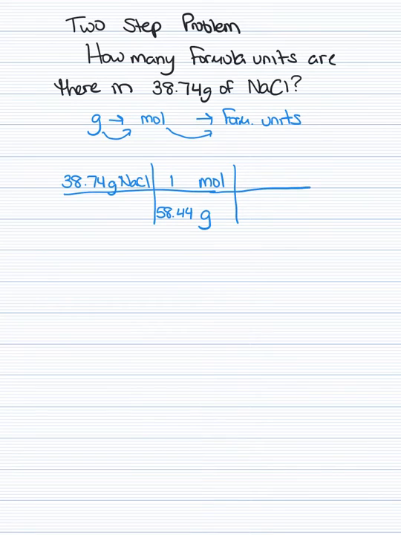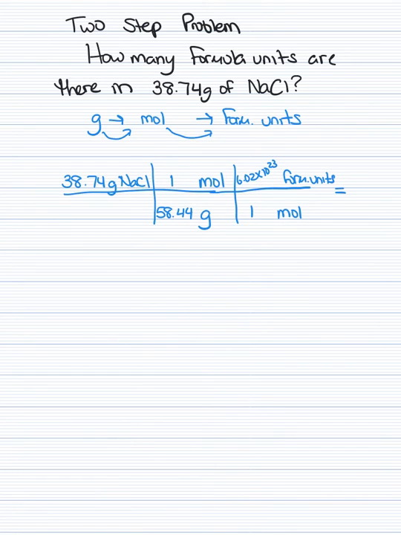At this point, we would have moles of NaCl. But we don't want moles of NaCl, we want formula units. And there would be 6.02 times 10 to the 23rd formula units in 1 mole of NaCl.